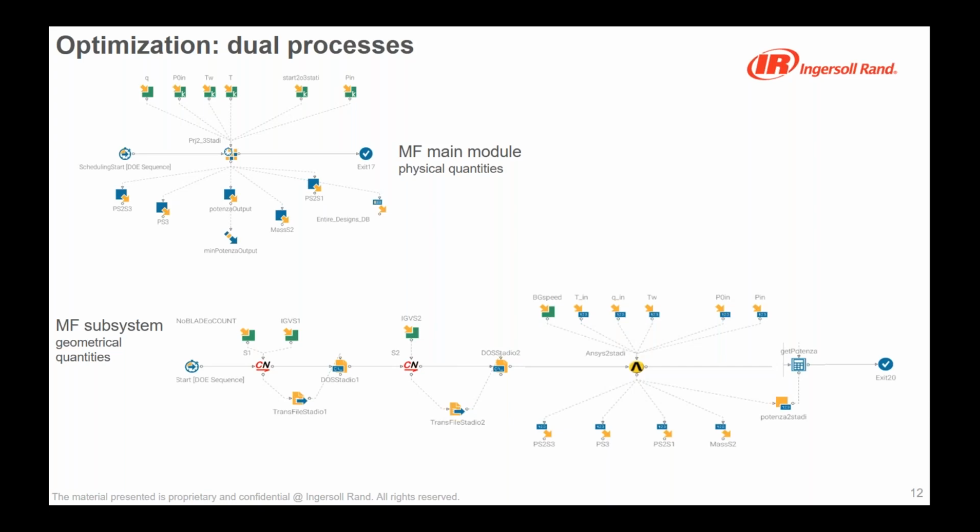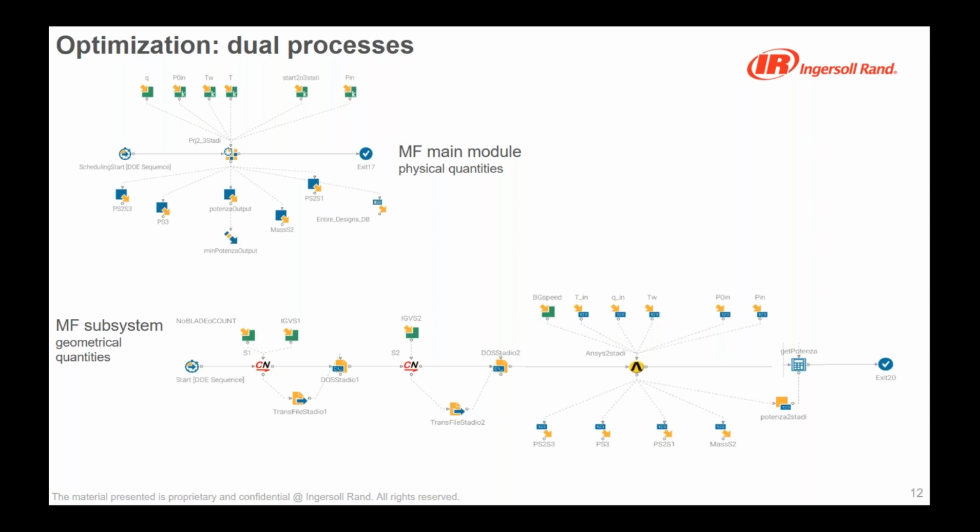So I would like to reduce the power from that system. And then I built another modeFRONTIER module that I call the modeFRONTIER subsystem, where it's going to take care of geometrical quantities. So inside here, I have two stages, the two stages we have seen before, that collapse into a single ANSYS CFX to get then the final output.